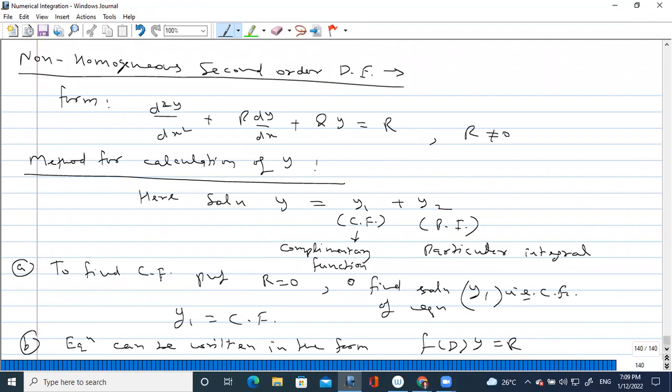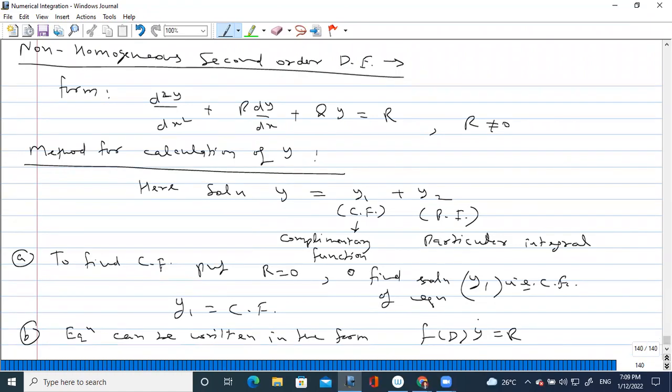Here f(D) is this much: in place of d2 over dx square, we write D square y plus pD y plus q, but y we have to remove from here, then only it will be f(D). Here D is equal to d by dx and D square is equal to d square by dx square. Okay, so note down this much.